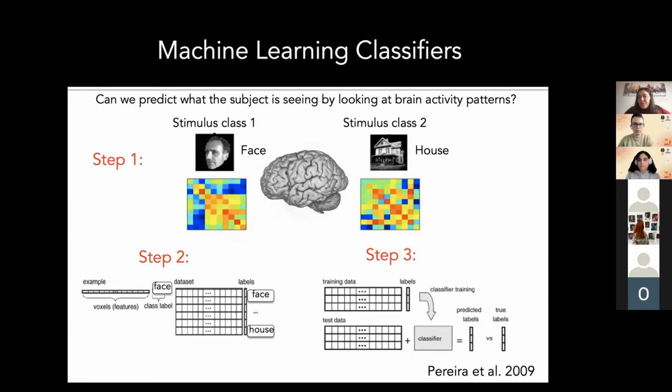You ask your model, you must have learned what face activity and house activity look like, so can you predict what this activity is? Is it a face or a house? If you have good prediction accuracy, for example, with two categories, chance is 50%. If you get prediction accuracy above 50%, you can say that you can predict what the person is seeing based on these patterns of voxel activity.